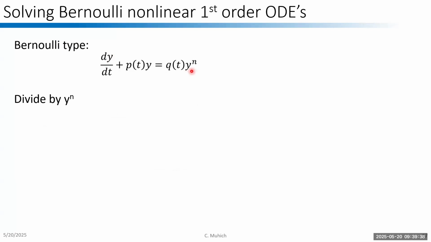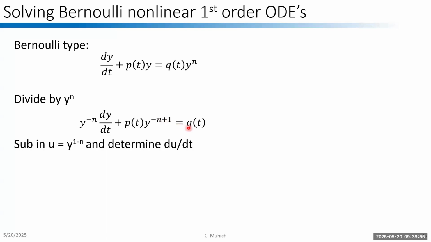How I'm going to go about solving this is dividing through by y to the n. This will give me y to the minus n dy/dt plus p of t y to the minus n plus 1 equals q of t. I'm then going to substitute in u equals y to the 1 minus n.